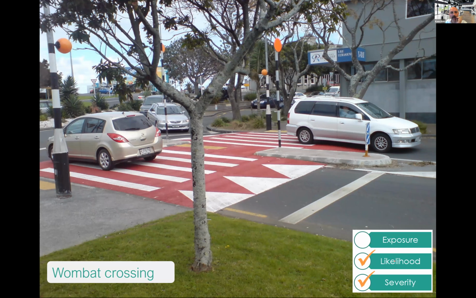So, a helmet helps out a little bit in severity, not a huge amount, but it does help. But where pedestrians are crossing in any numbers, we want to slow vehicle speeds. Now, this is a New Zealand picture, but the idea of a raised pedestrian crossing aligns so well with safe system principles.